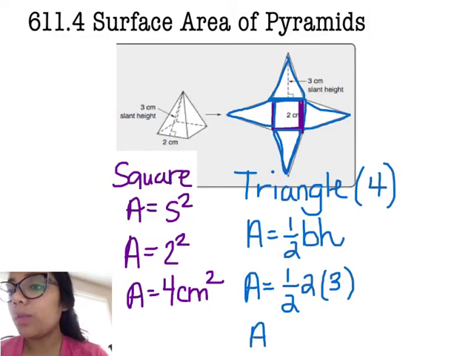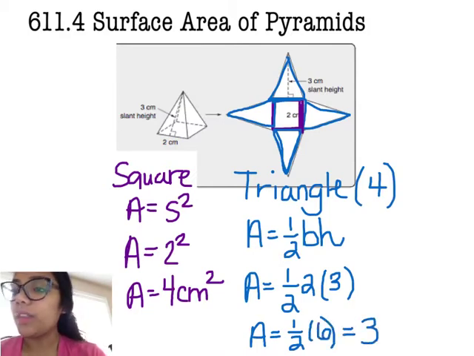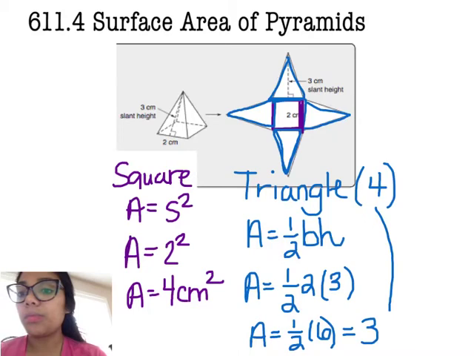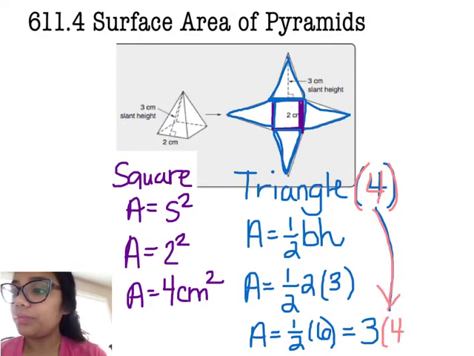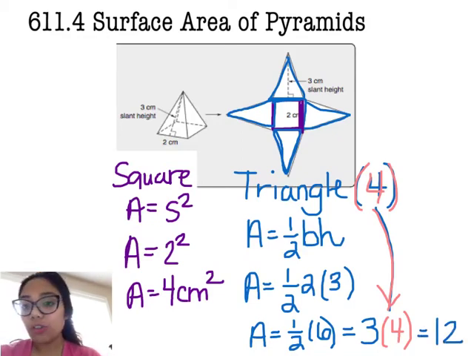So area equals 1/2. 3 times 2 is 6. Half of 6 is 3. And now here's the part that a lot of you forget to do. 3 times 4, because there's 4 triangles, equals 12. Am I finished?